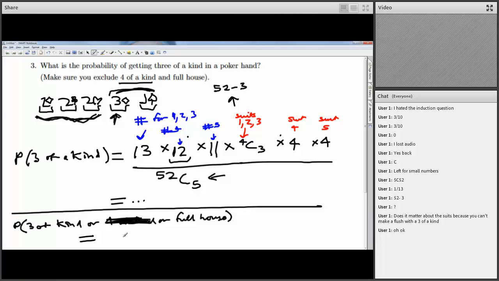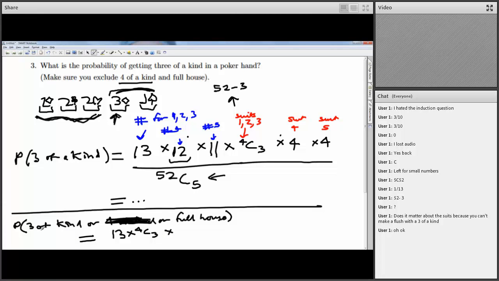So you've got to pick, there's 13 choices for picking the card for the three of a kind. And you've got to write the suit. So you've got 4 choose 3 ways of picking the suits for the three of a kind. Then you just have to pick some other cards to make up the numbers.